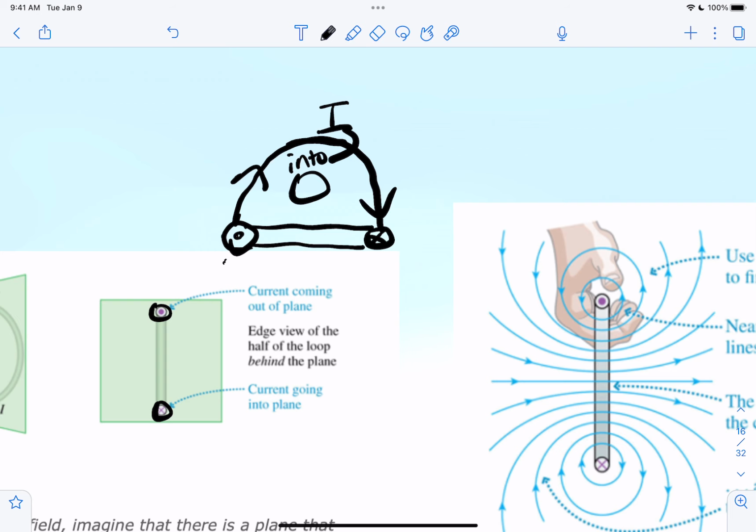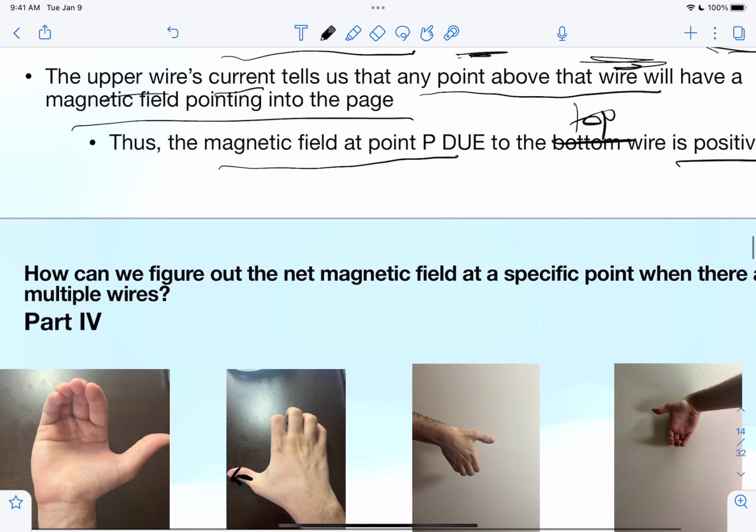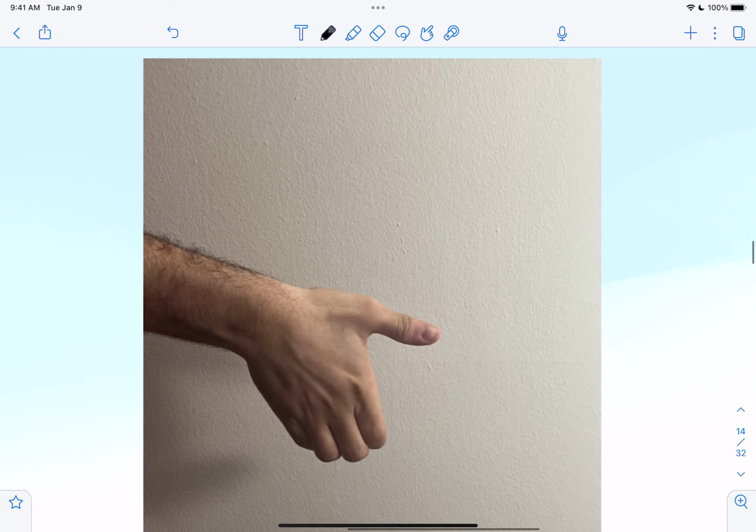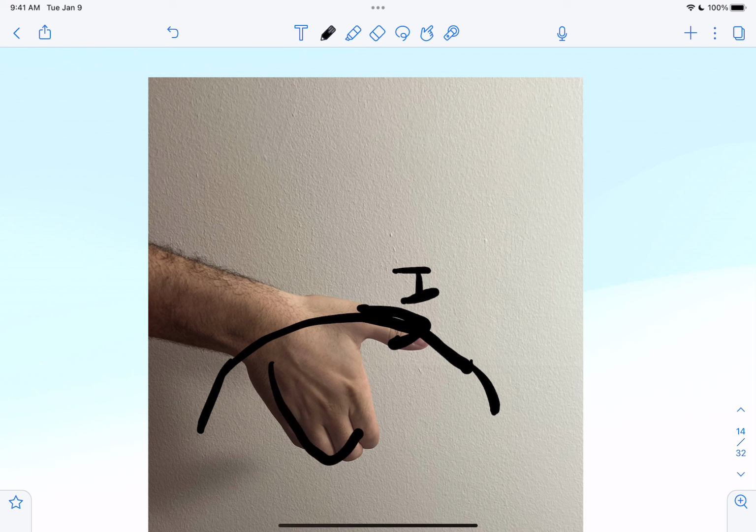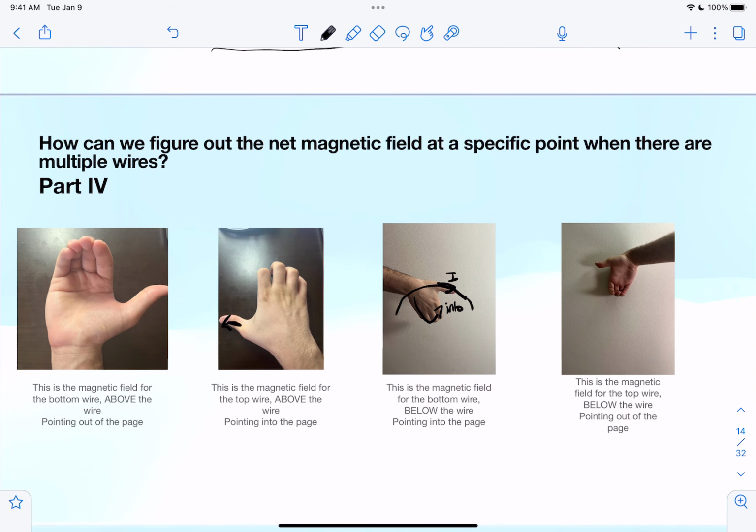How about outside here? Out, right? And we can double check that by looking over here. If this was my circular loop, my thumb is pointing this way, here are my fingers wrapping around it, and that would go into the wall, into the page. Does that make sense?